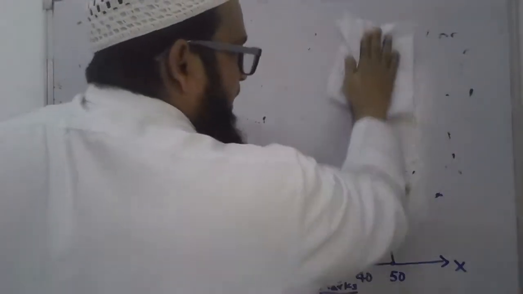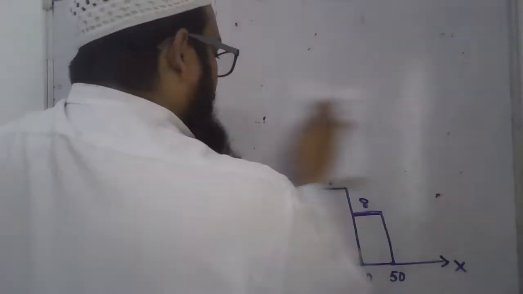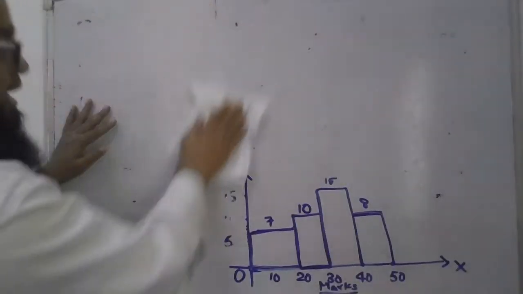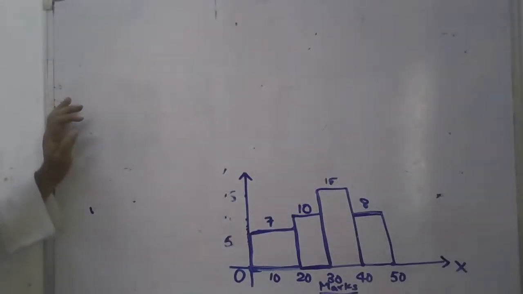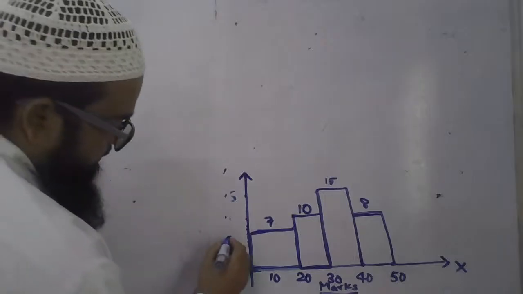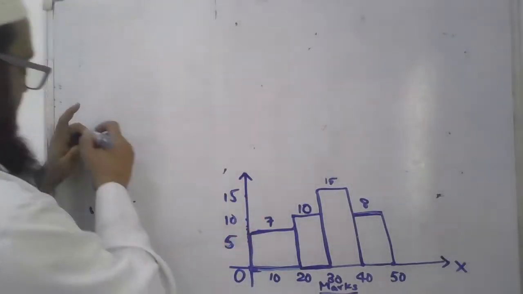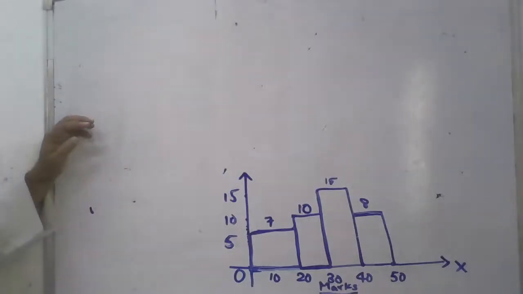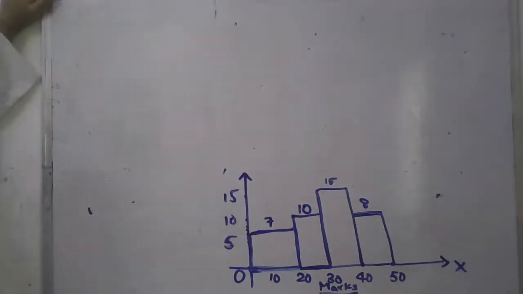Now, as I said, once you have drawn the graph, then you can analyze the given histogram also. So how to analyze the given histogram? For example, they'll give you this graph.